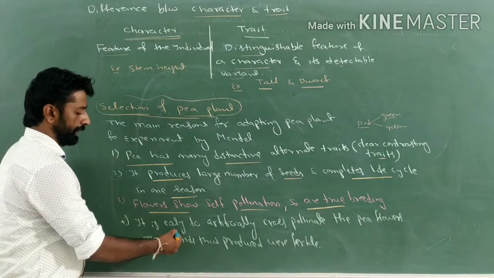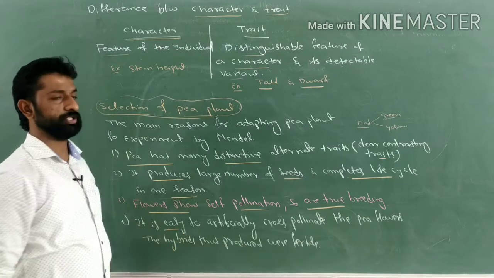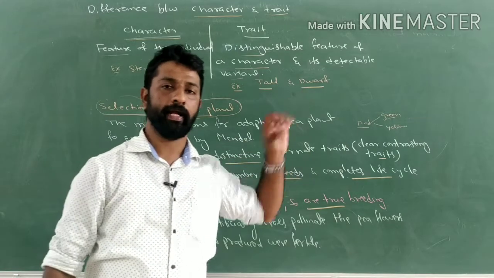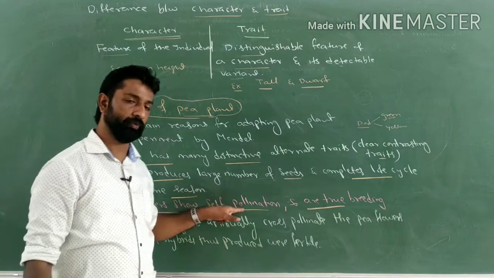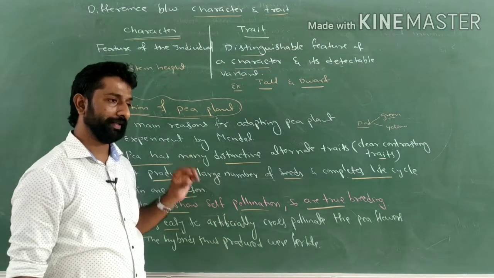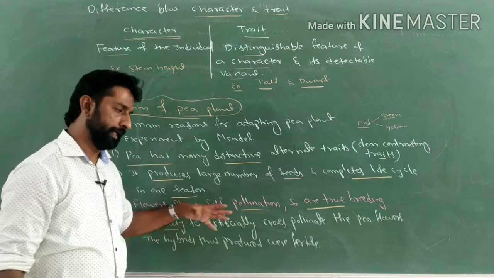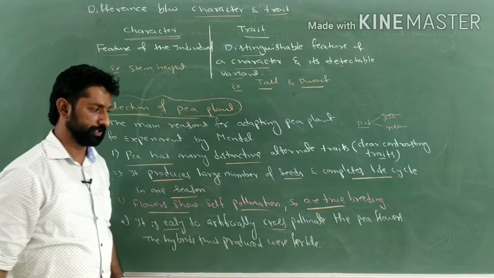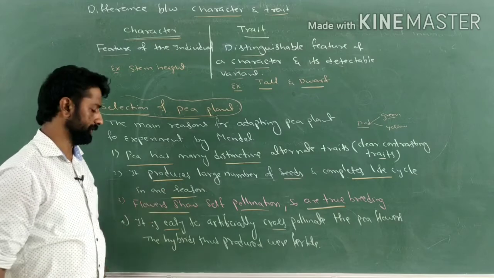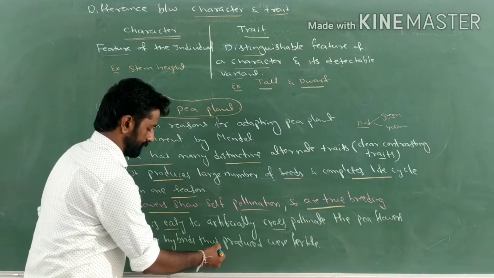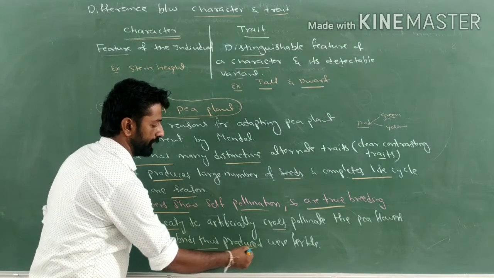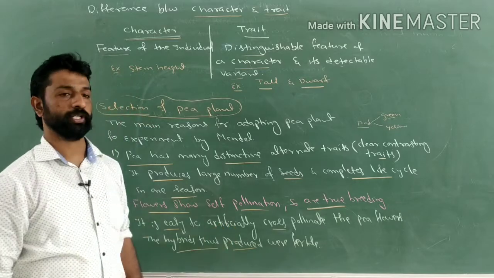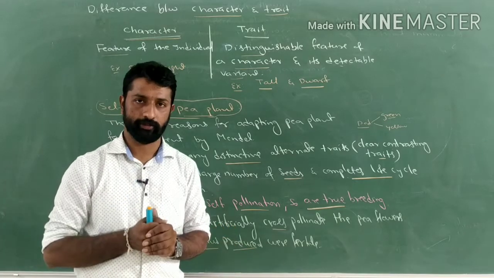Next, it is very easy to artificially cross-pollinate the pea plants. They are true breeding ones, right? So we can control the pollination in order to carry out artificial cross-pollination in pea flowers, so that hybrids produced by such controlled artificial cross-pollination will be fertile in nature.